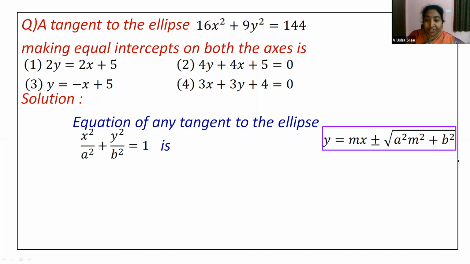This is the tangent equation to the ellipse when the tangent is in the form y = mx + c.